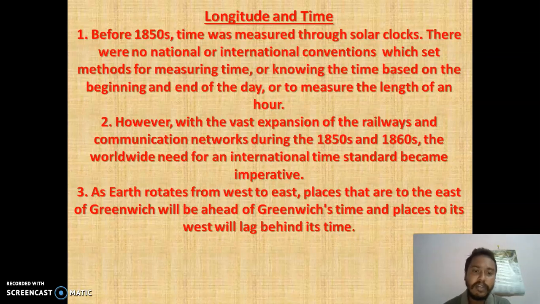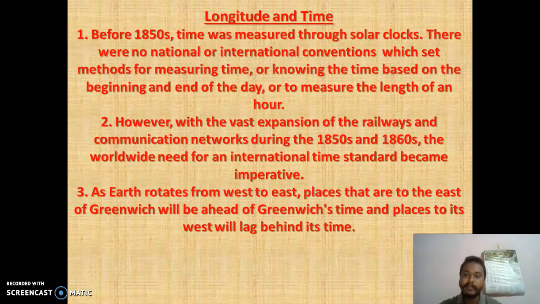The earth rotates from west to east. When we see the sun rise in the east, that's because the earth is rotating from west to east. India is in the eastern hemisphere, so we get the day first, and when we have day, America, in the other hemisphere, has night.